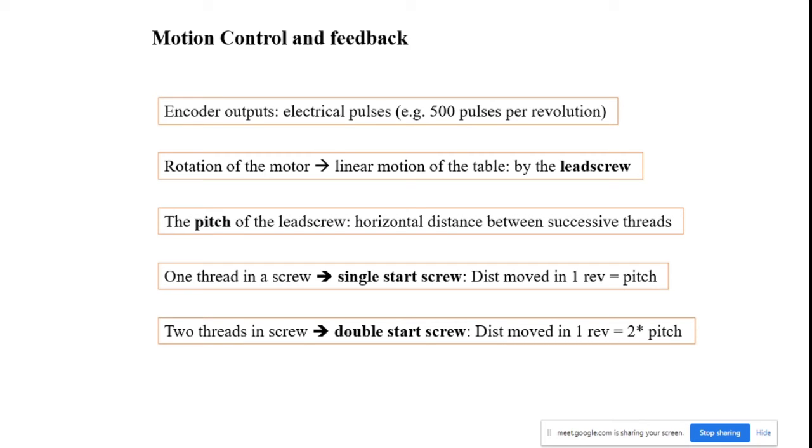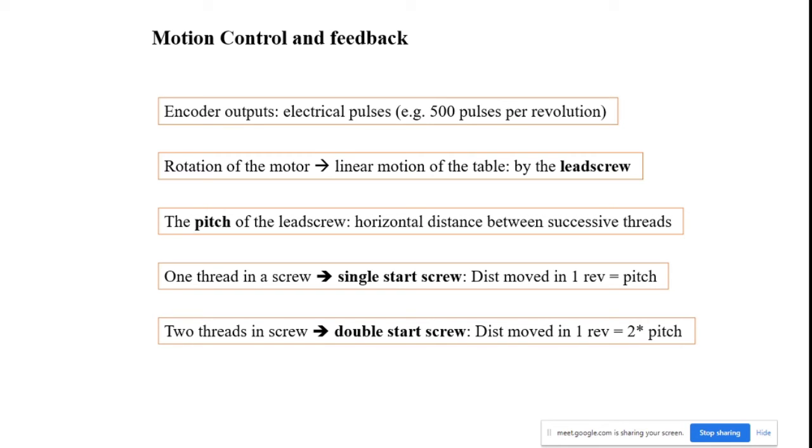After that, the pitch of the lead screw. Generally in a lathe, 4 TPI thread lead screws are utilized. The pitch of the lead screw decides the horizontal distance between successive threads, and so also decides the distance moved. With one thread in a screw, a single start screw, the distance moved in one revolution is called the pitch.